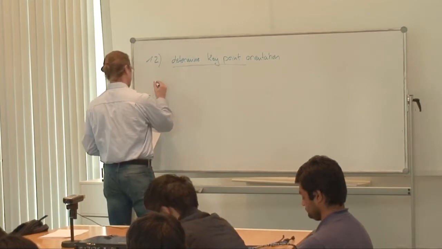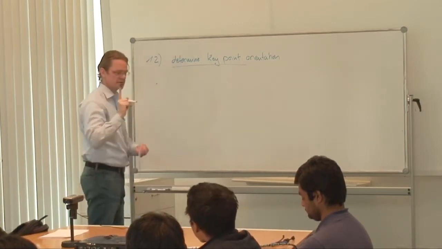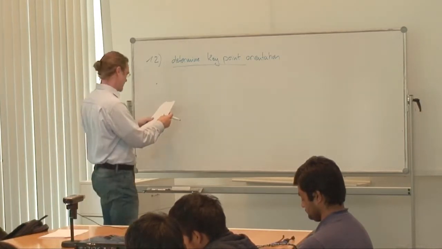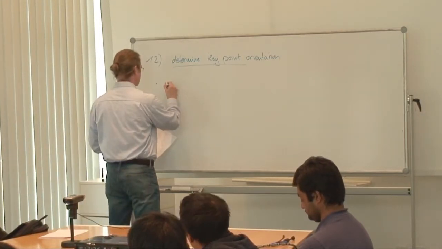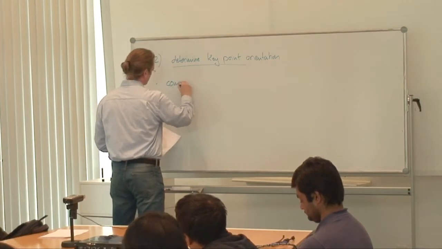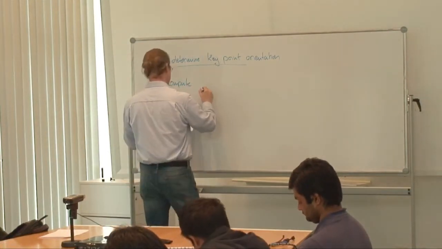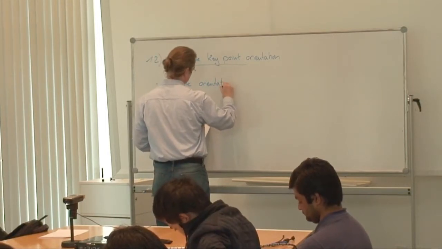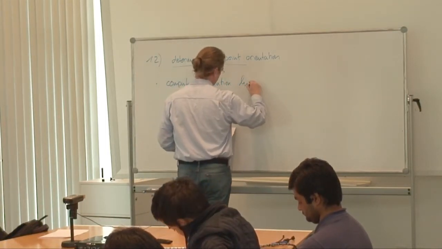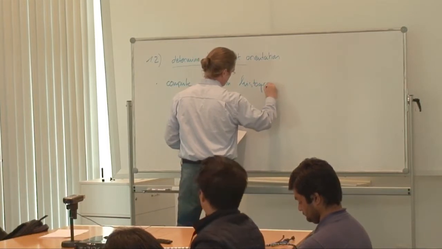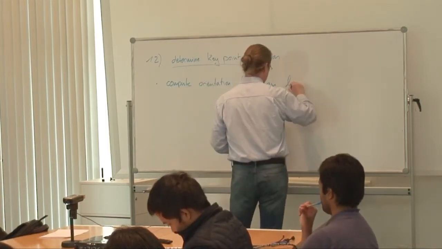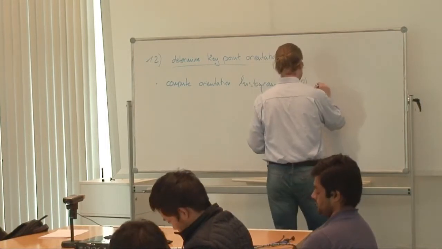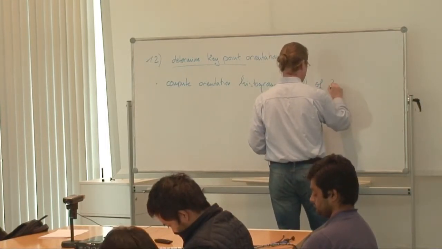So once we have that, for every pixel, mind you, this has to be done for every key point. We have to compute an orientation histogram. I shall call it H of theta, and it has 36 bins.